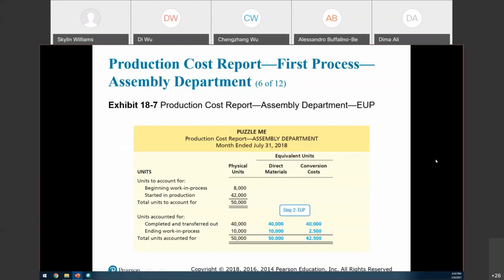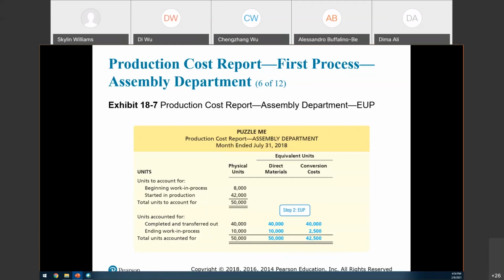So here is the second step to calculate the EUPs. The first two steps, step 1 and step 2, as I said, are about the units, either physical units or equivalent units of production.